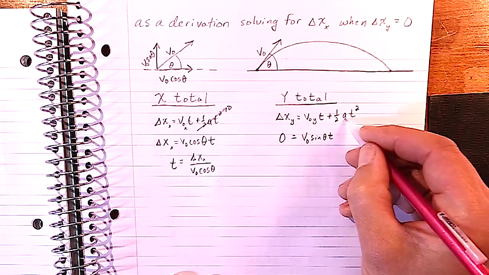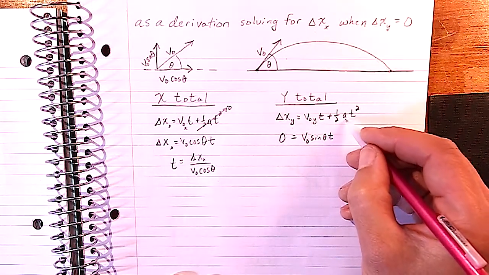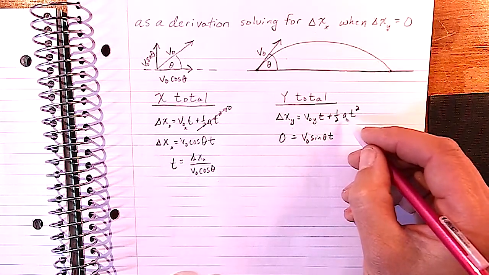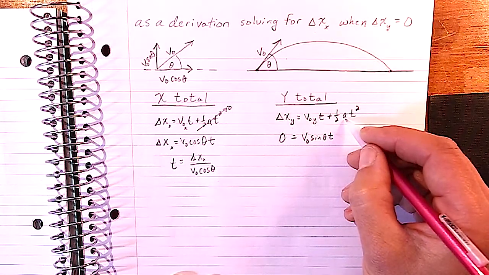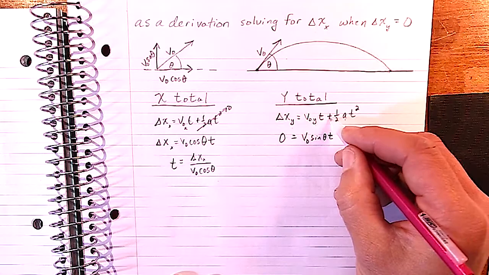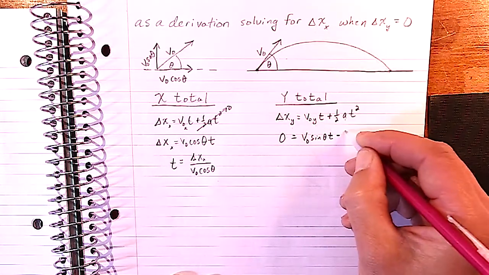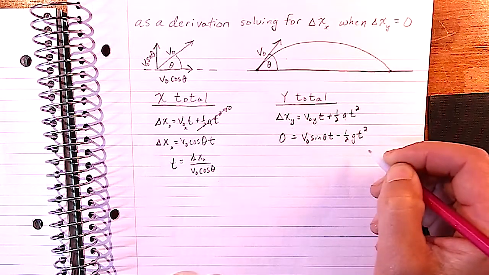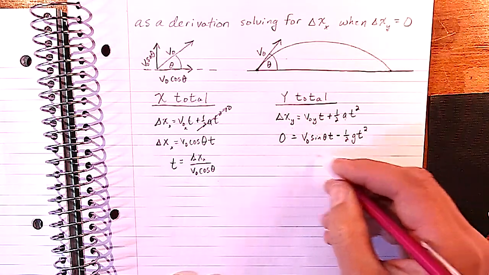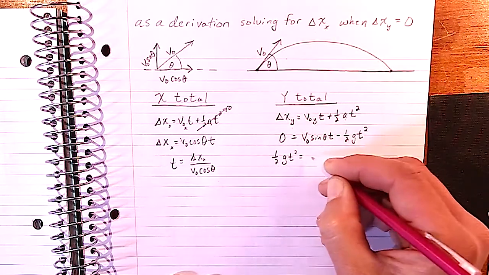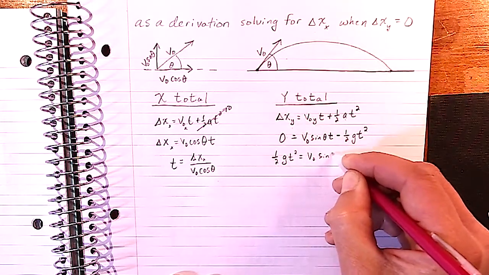Now, we can replace a with g, but remember, we called up to be positive and down to be negative. So if this is acceleration, that has to be negative, and I'm just going to move that negative sign to the outside. So that becomes negative 1/2 g t squared. So let's add this over to the other side. So we have 1/2 g t squared equals v naught sine theta t.